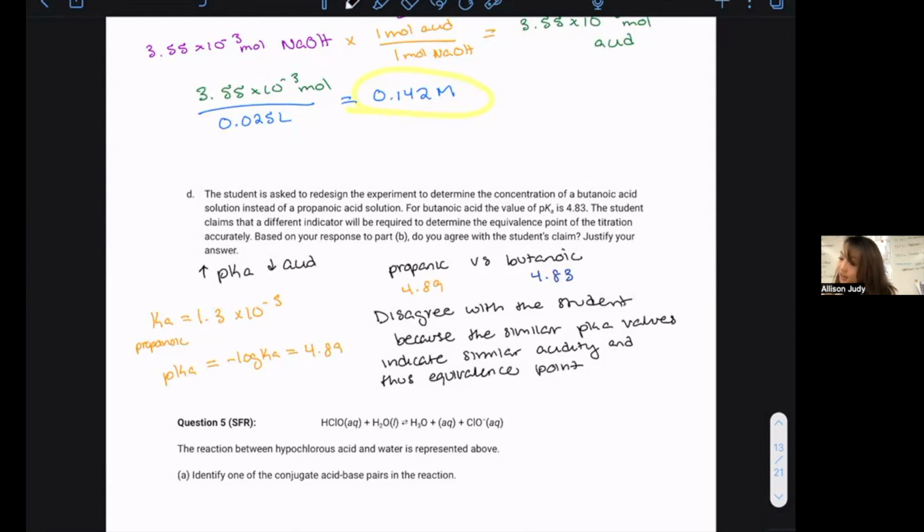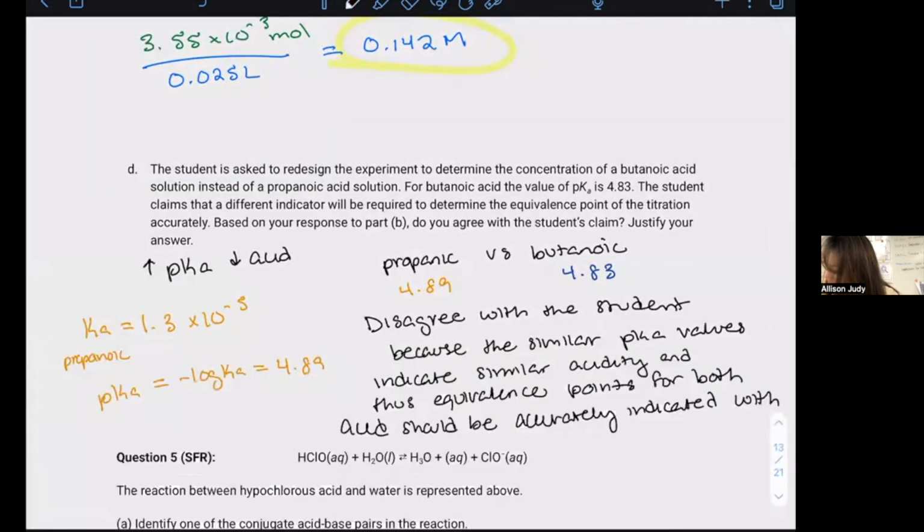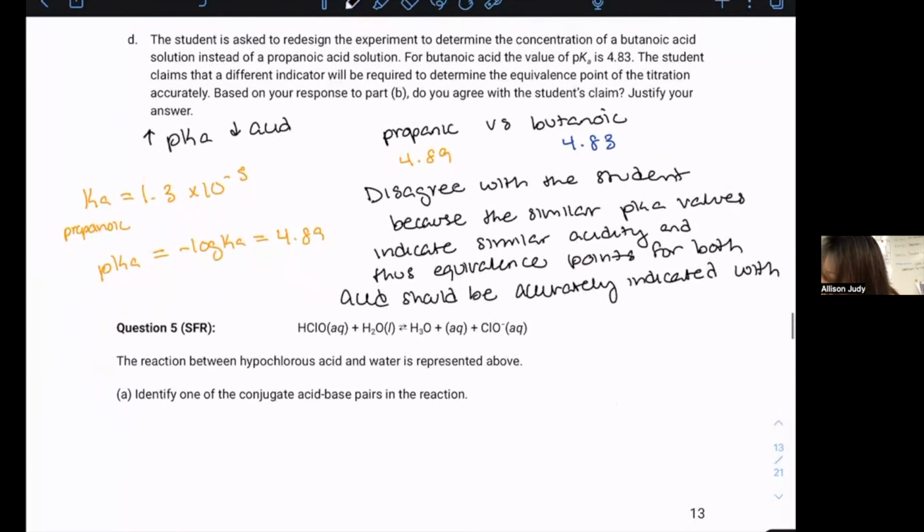And thus the equivalence points for both acids should be accurately indicated with the same indicator.